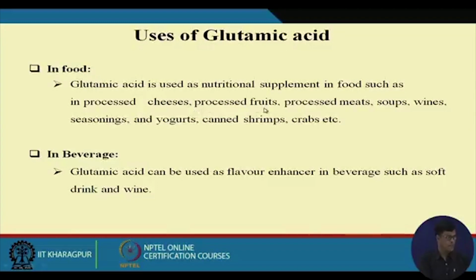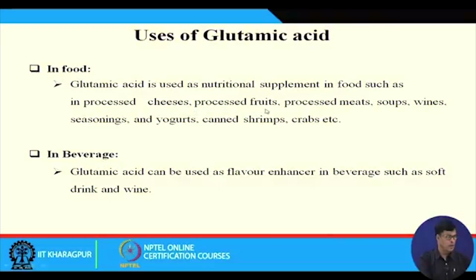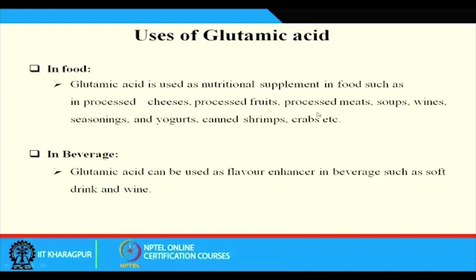And processed food, we know we have several processed foods in our market now, because whatever food is available in a particular season, due to the invention of canned food or processed food, it is possible to have it throughout the year, because we can preserve it. We have processed milk like this, particularly for military people who work in very remote areas.